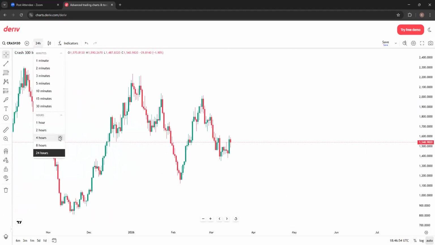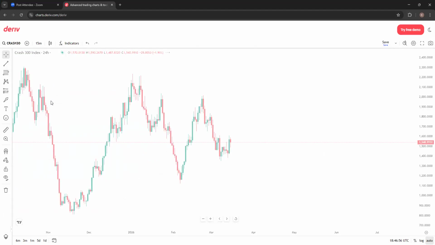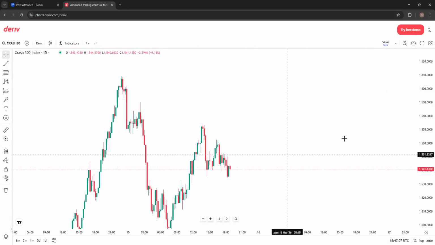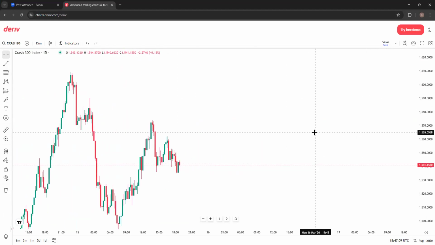So let's say you've done your analysis in M15, then automatically it means your entry is in M1. So let's say this is our M15, and we want to look for a fair value gap.